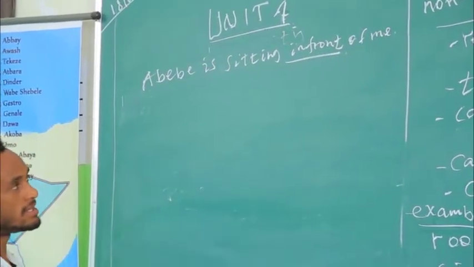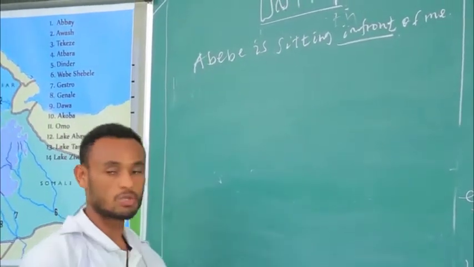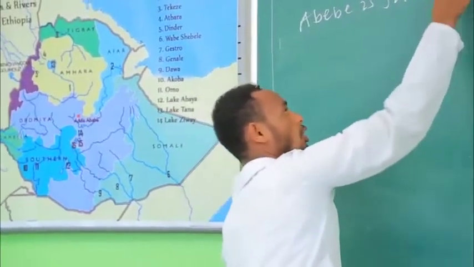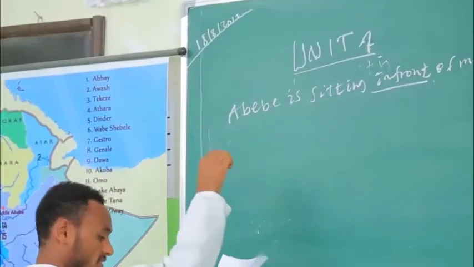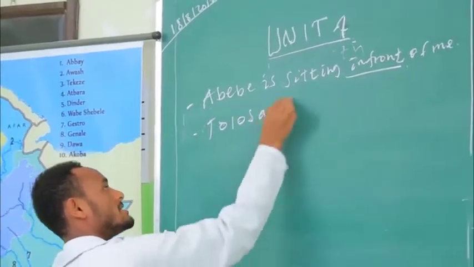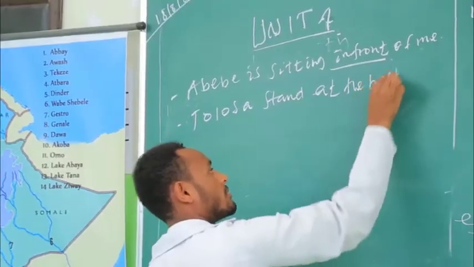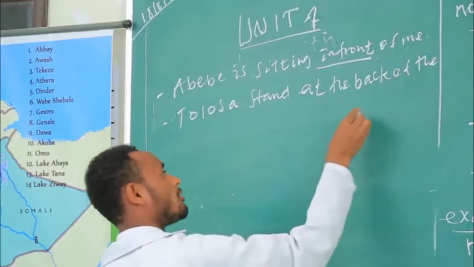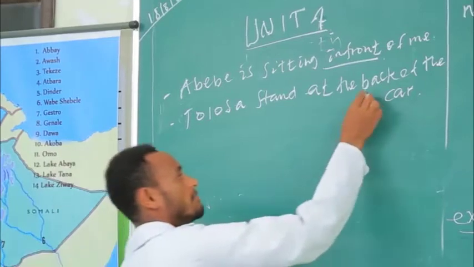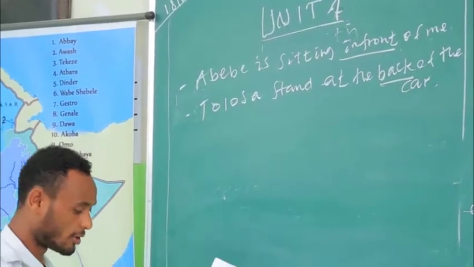You see, students, this is the way by which we locate or describe a given object. So, Abebe is sitting in front of me. The second one is, for example, Tolosa stands at the back of the car. This is the way by which we locate a given object.